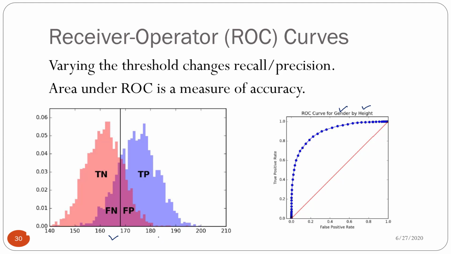So that's the kind of thing we are looking at. So assume that the positive case, let me write that positive here, is male. You can change that, but for this example we are considering positive as male and negative as female.